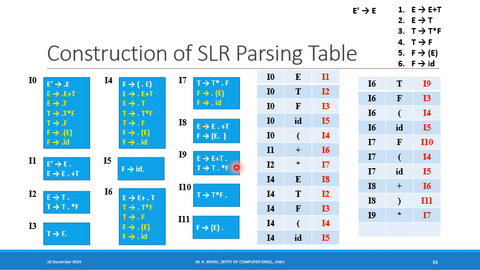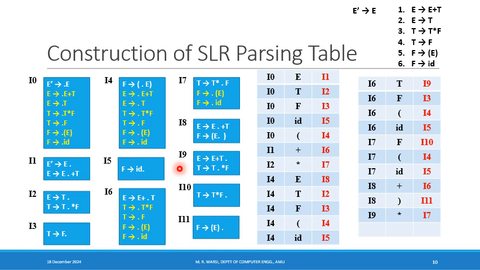I will go to the state containing the LR0 item T derives T star dot F. If I look at the existing states, there is already a state containing this LR0 item, which is I7. So from I9 on star, I will go to the I7 state. And we have now considered all the transitions which are possible from the I9 state.